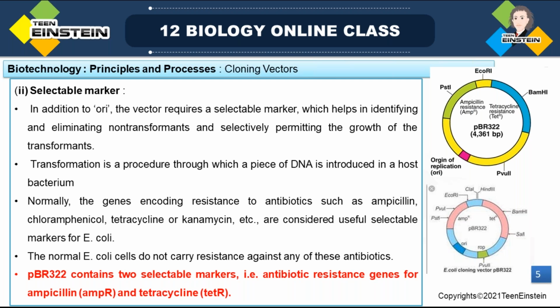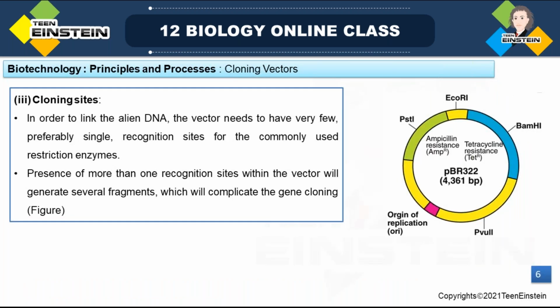Next we are learning another characteristic of pBR322. Here pBR322 is having restriction sites. Which are they? EcoRI and BamHI. So these are the restriction sites.